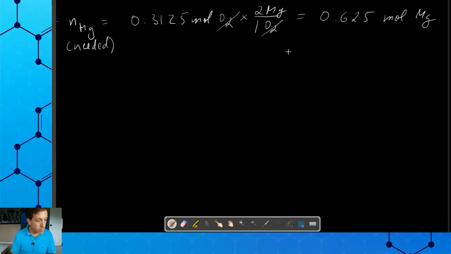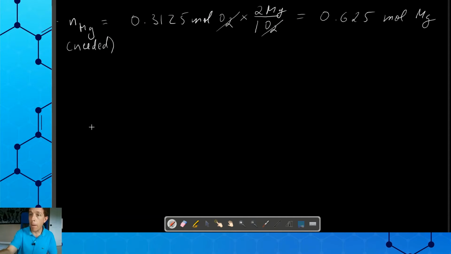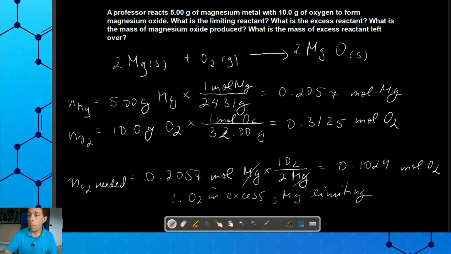Now, this again shows what we were illustrating earlier. So this amount of oxygen right here could burn through 0.625 moles of magnesium, but we only have 0.2057 moles of magnesium. So we could have a lot more magnesium burned up in this experiment, but we don't have it available.